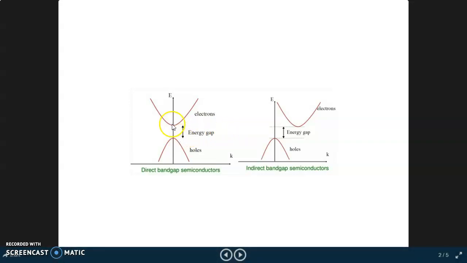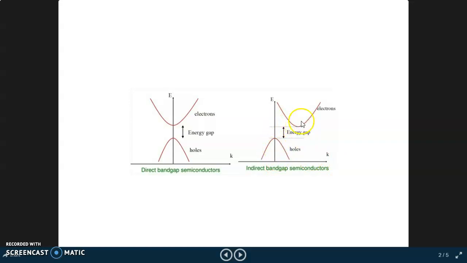So it is easy for the electron to come from conduction band to valence band for the direct semiconductor. The electron from conduction band will come to the valence band emitting a photon. But you see here in indirect band gap, both the valence band and conduction band do not lie in the same plane.